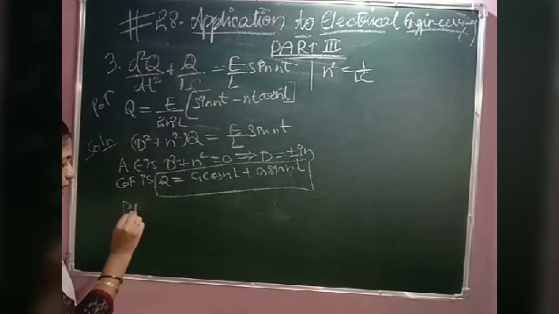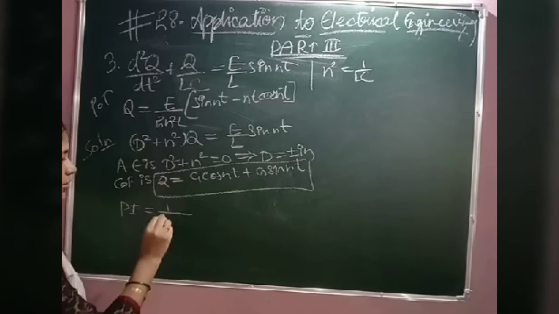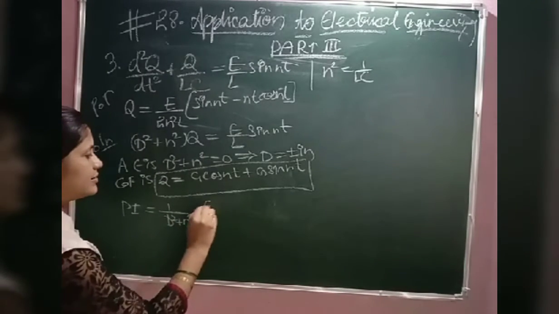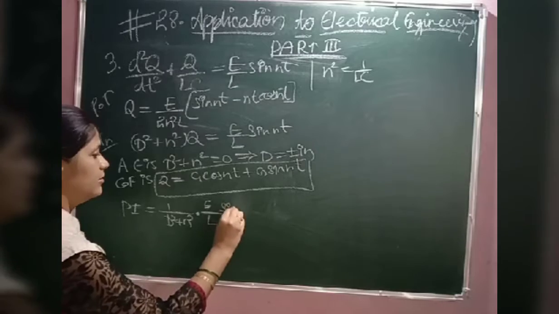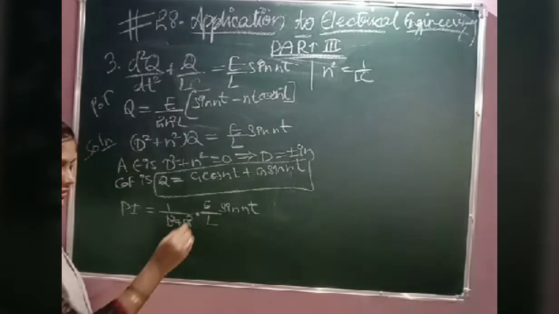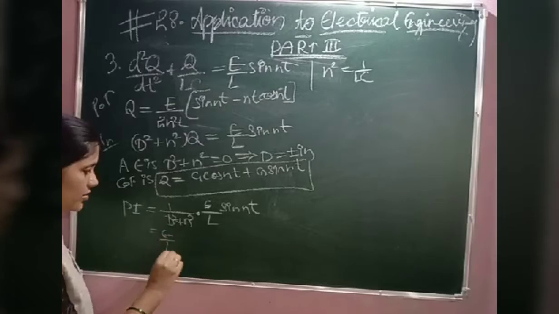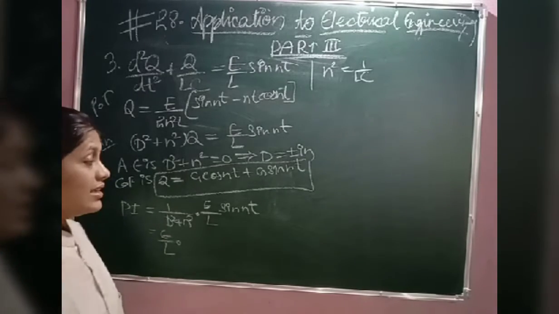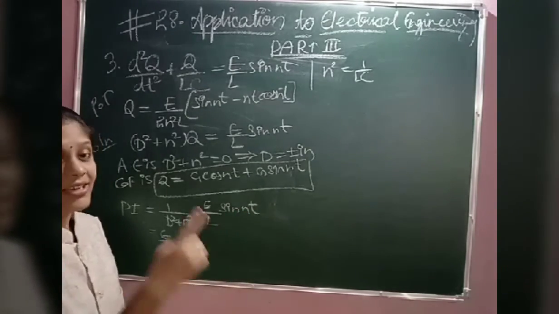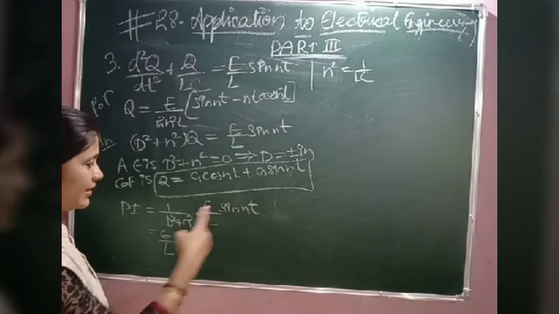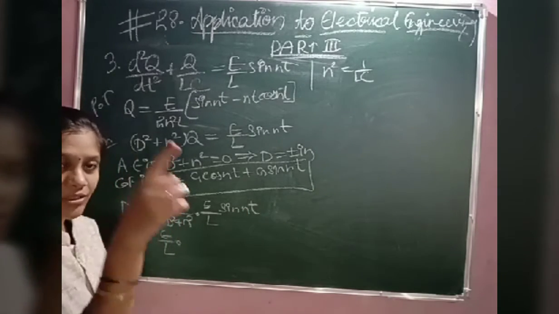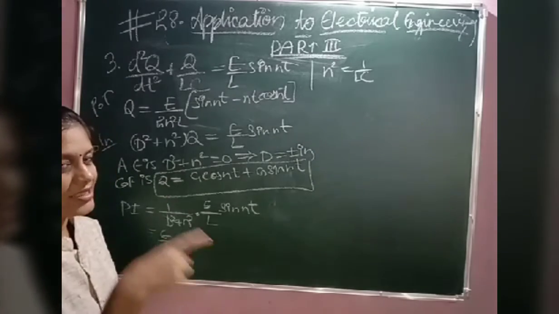Now let us find the PI: 1 upon D square plus N square, with RHS E by L sin Nt. E by L is constant, so let us take it outside. It is of the sin ax form, where a is nothing but N. D square equals minus N square, but when we substitute, we get the denominator as 0.